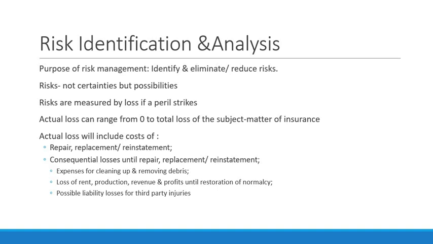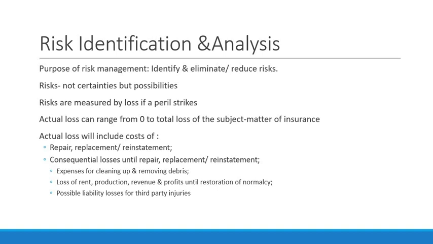For example, assume that there is a power plant. Now, because of some issue such as say earthquake or flood, the power plant is shut down. So, the expenses that would be undertaken to remove the flooded water, then the loss of production of electricity and the revenue that the power generator may earn, so these losses are also consequential losses.